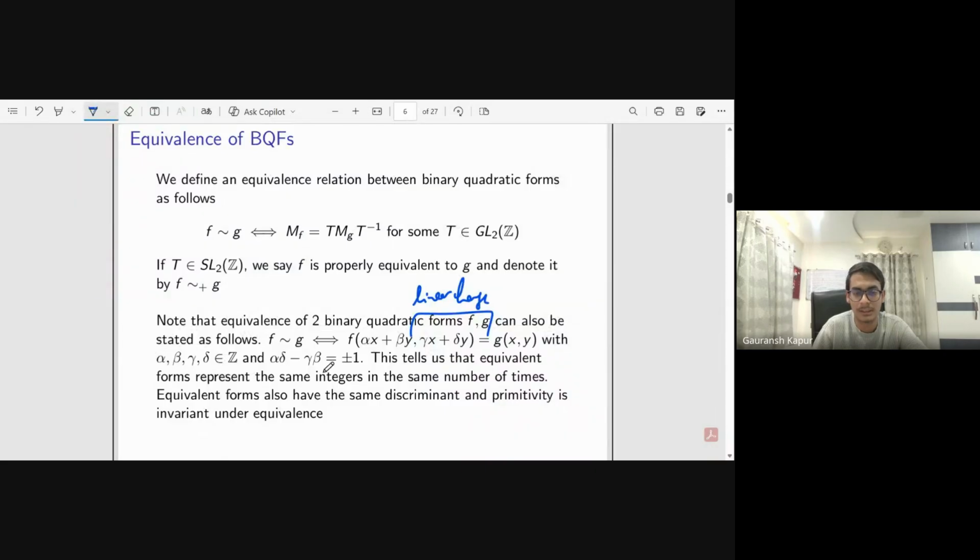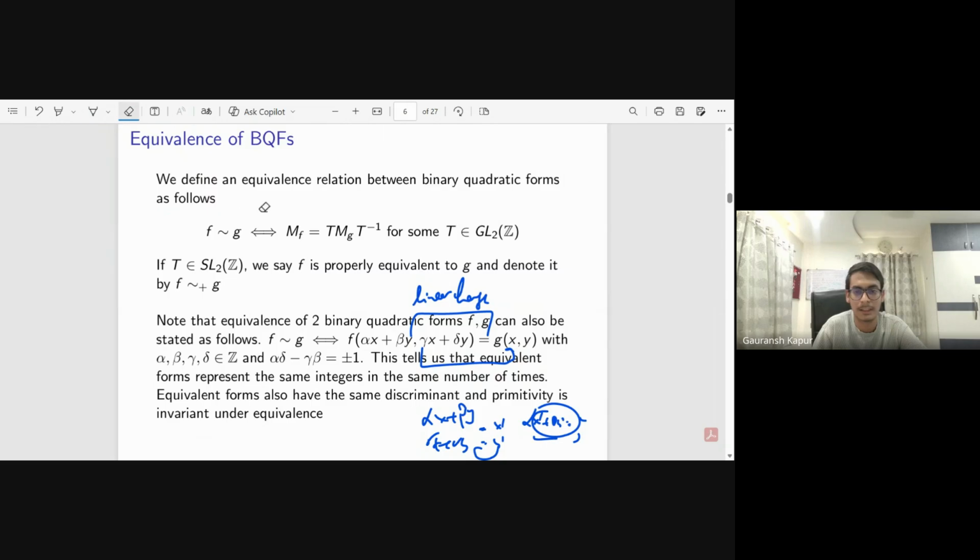So what this is telling you is that you can invert this system of equations: you can solve alpha x plus beta y equal to x dash, and so on, and you can also invert this. So you can get x, y from x dash, y dash, and x dash, y dash from x, y.